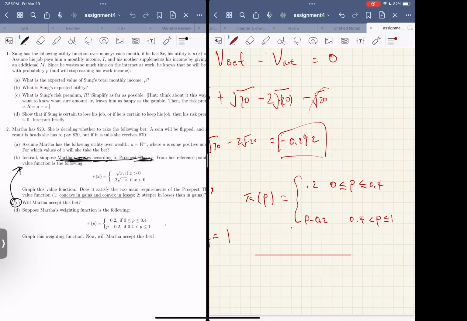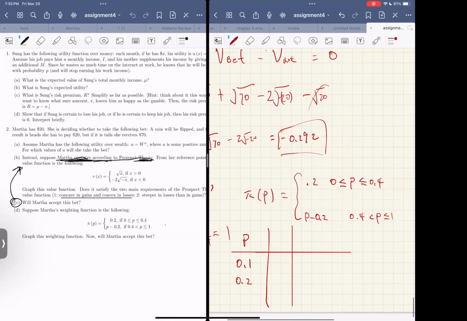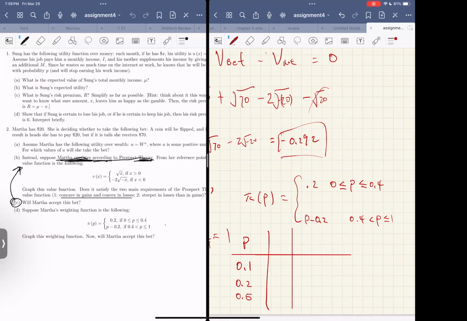So, okay. So now, how do we make the graph? In order to make the graph, we need to actually plug in. So p, let's do 0.1, 0.2, 0.4, 0.5. And then, whatever.